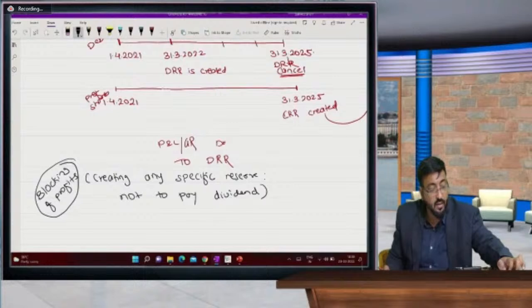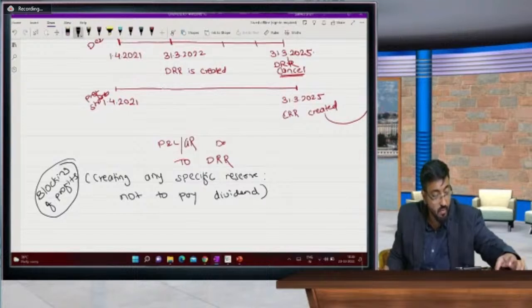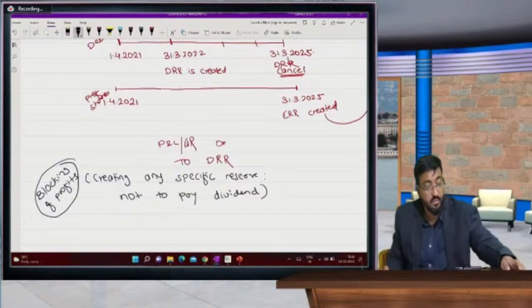Whenever you are creating any reserve, the basic logic behind it is that you just want to block your profits.